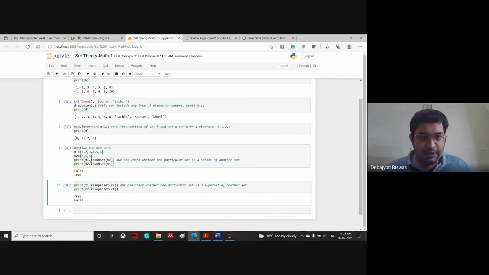This is a false statement. But x2 is actually a subset of x1, which is a true statement. And as one is a subset of the other, the other set is the superset. We can check that also: x1 is a superset of x2, but x2 is not a superset of x1. That's how you can implement set theory in Python programming.